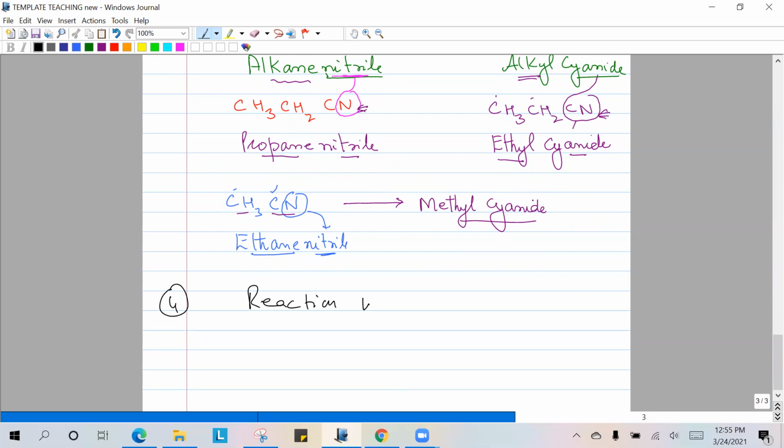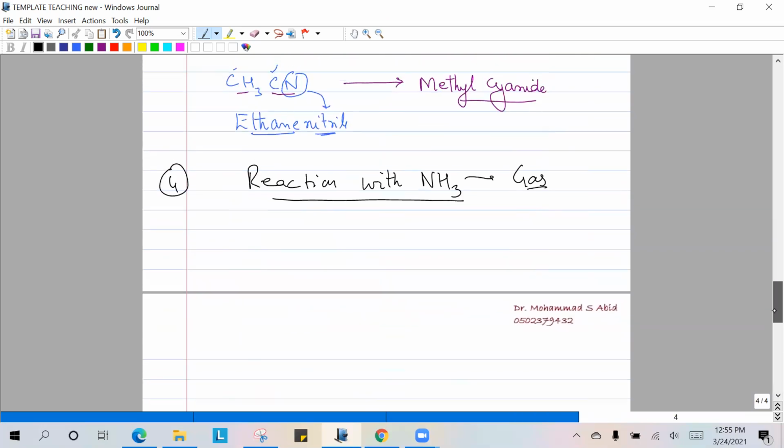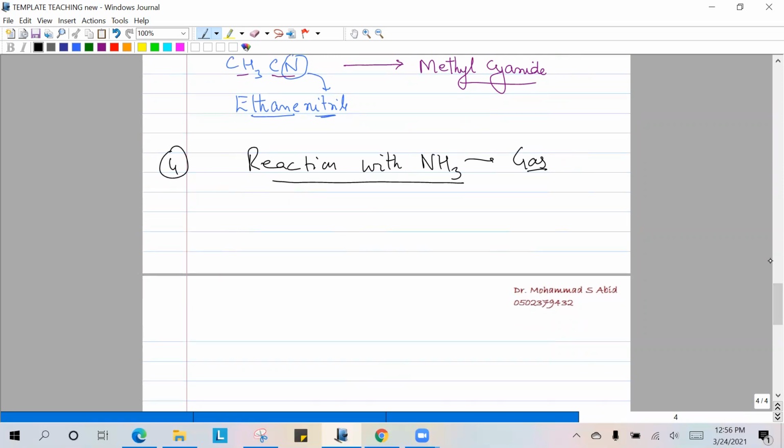reaction with ammonia solution. Reaction with ammonia. Now here there are some very important things. We know ammonia is a gas. So reacting a gas with something which is liquid means handling it will be difficult, because by the time you warm it, the ammonia will escape out.